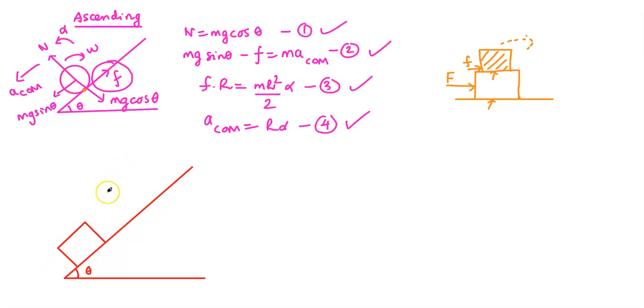So the exact same problem as above: it goes up the incline, stops, and then comes back down, but instead of rolling, let's consider sliding. My question to you is, what is the direction of the frictional force while the block is sliding up? And what is the direction of the frictional force when the block is sliding down?